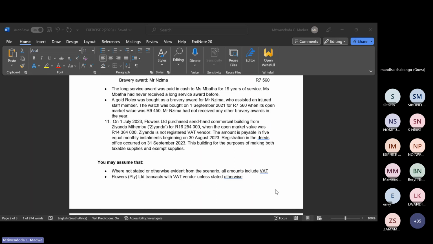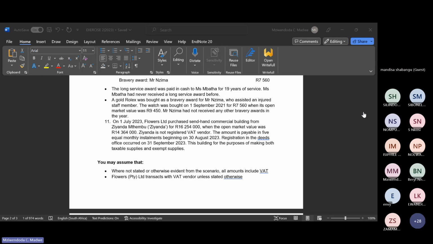On 1st July 2023, Flower Ltd purchased a second-hand commercial building from Zianda Mthembu for 16,254,000, while the open market value was 14,364,000.